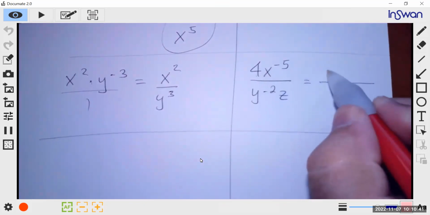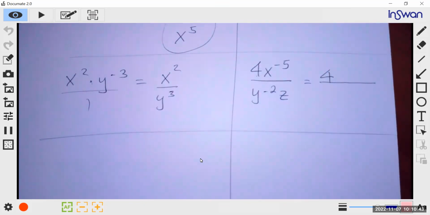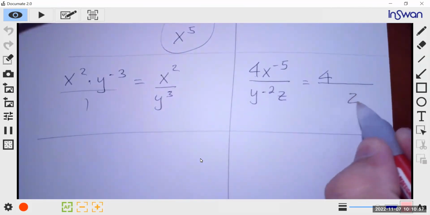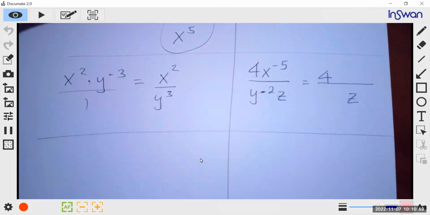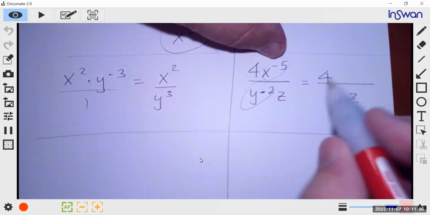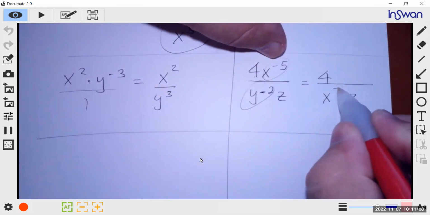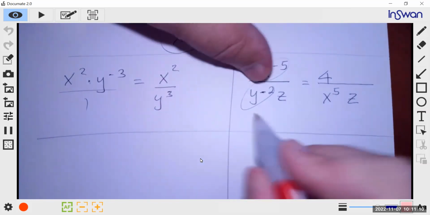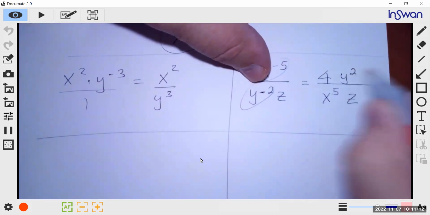The 4 and which ones do not have negative exponents? Z. Everything else has negative exponents. They have to move. So that one, X has to go to the bottom, drop the negative. The Y goes on top, drops the negative.